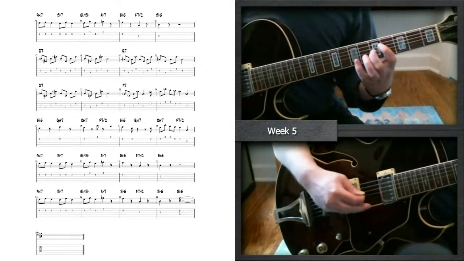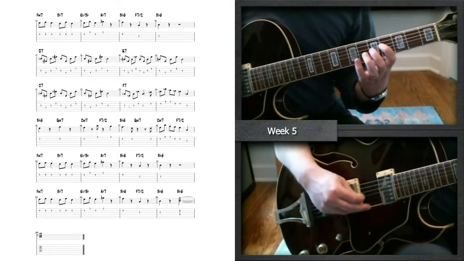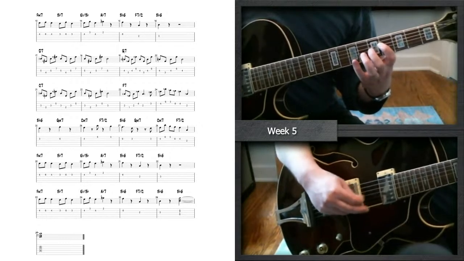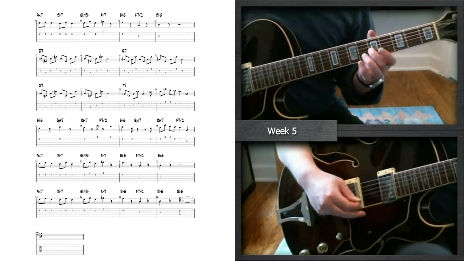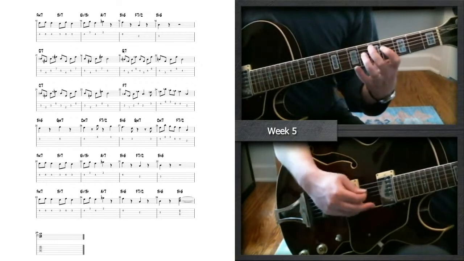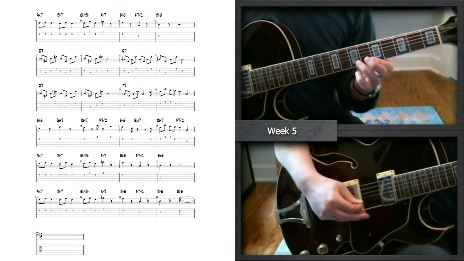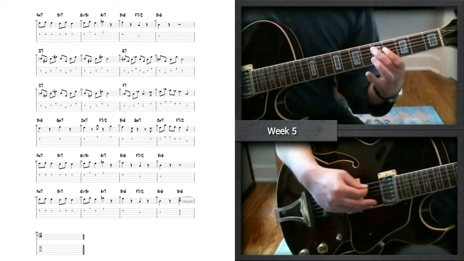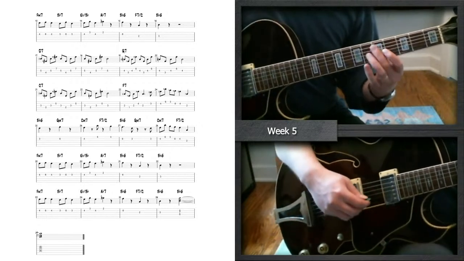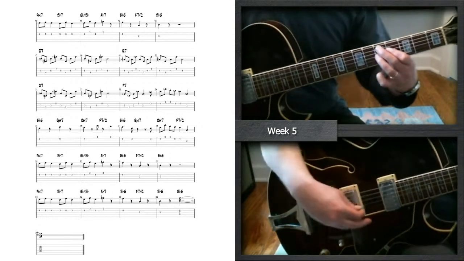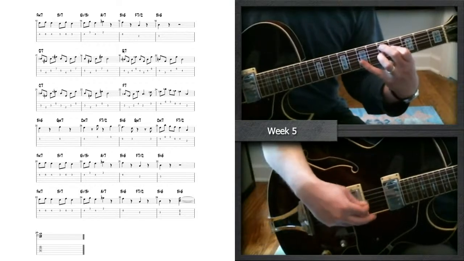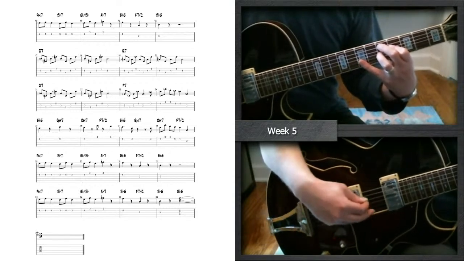So we have 1 and 2 and 3 and 4 and 1 and 2 and just C. Right, there's my arpeggio, so we have 1 and right down. I mean, literally coming from that, right?